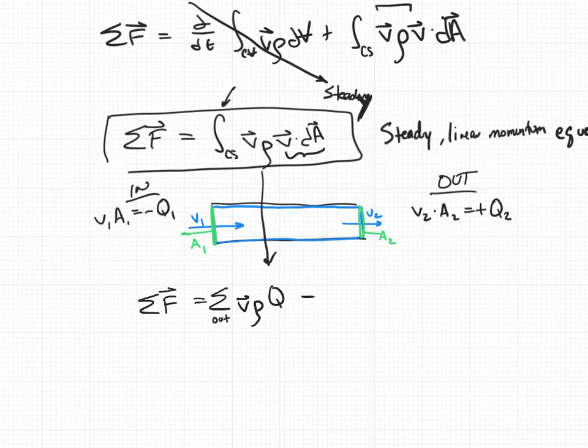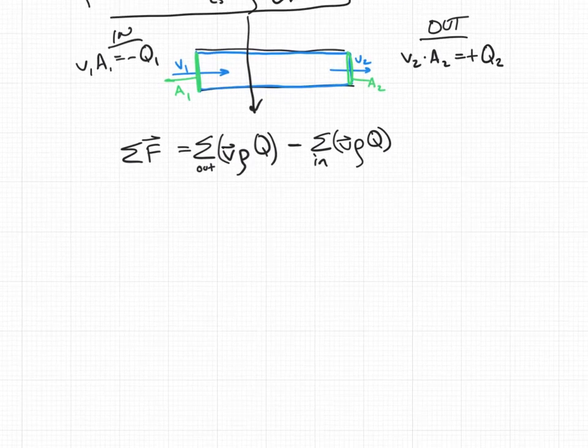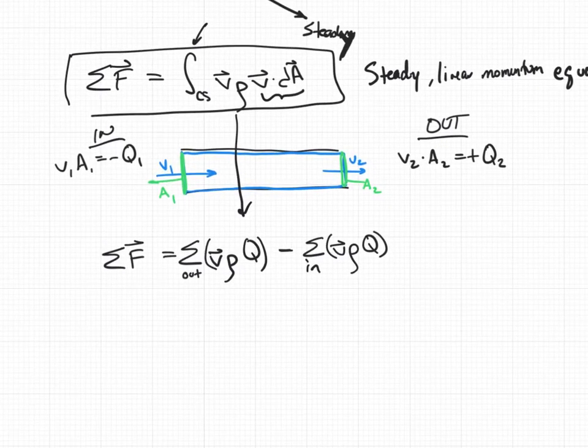Then I subtract the sum of the ins of V rho Q, because the negative ones are the ins. By doing that, I don't have to worry about this dot product anymore. I don't want to have to deal with this.